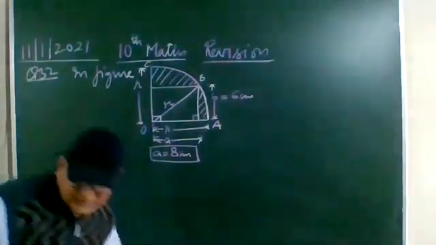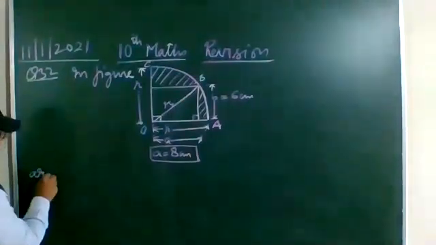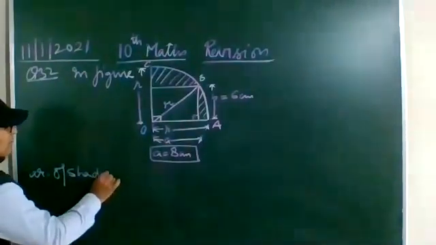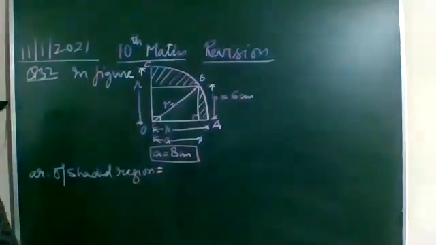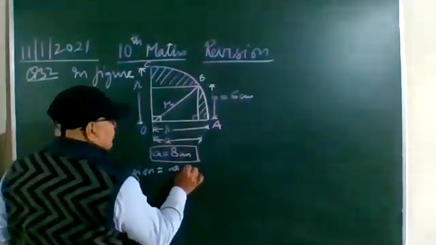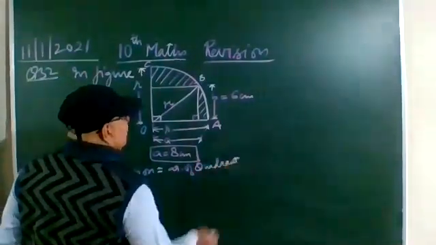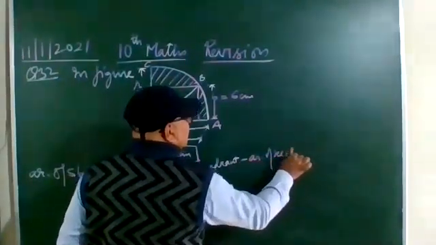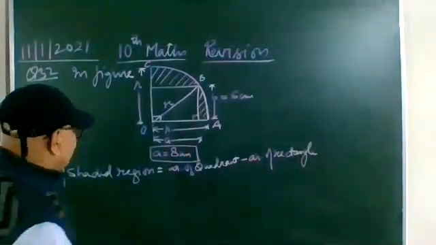Area of shaded region is equal to. First we write like this: area of shaded region is equal to area of quadrant minus area of rectangle.